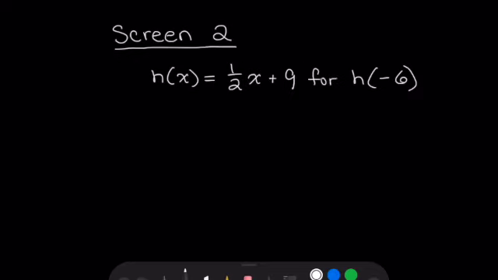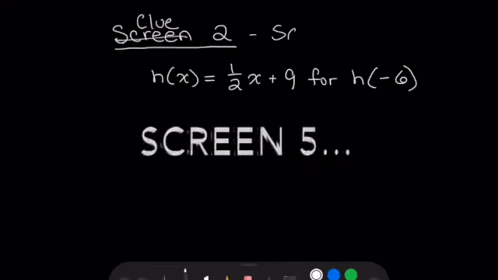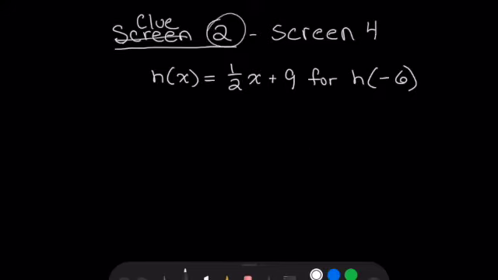This one is actually not screen 3, it's clue 2, I think screen 4, but clue 2 is the key piece. This one is a little bit different in that there's just that fraction. I just wanted to remind you, when you're multiplying by something like 1/2, remember you're just taking half of whatever x is.